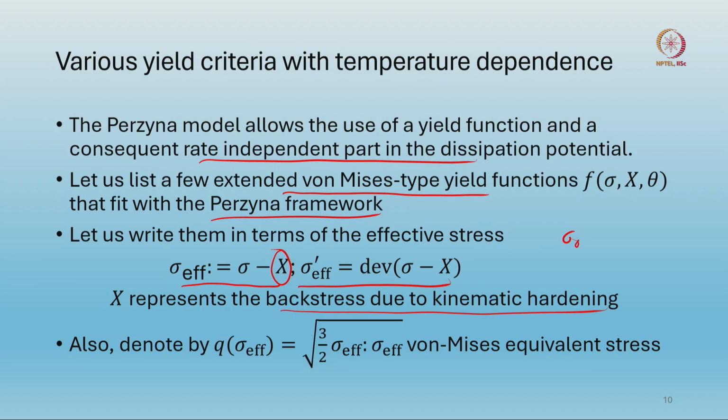This factor square root of 3/2 if you want you can put, otherwise you can also absorb it within one of your parameters like sigma y. This factor is not always necessary, provided you do it correctly. If you can absorb it within one of the parameters then this factor is not needed. So this is my effective von Mises equivalent stress.